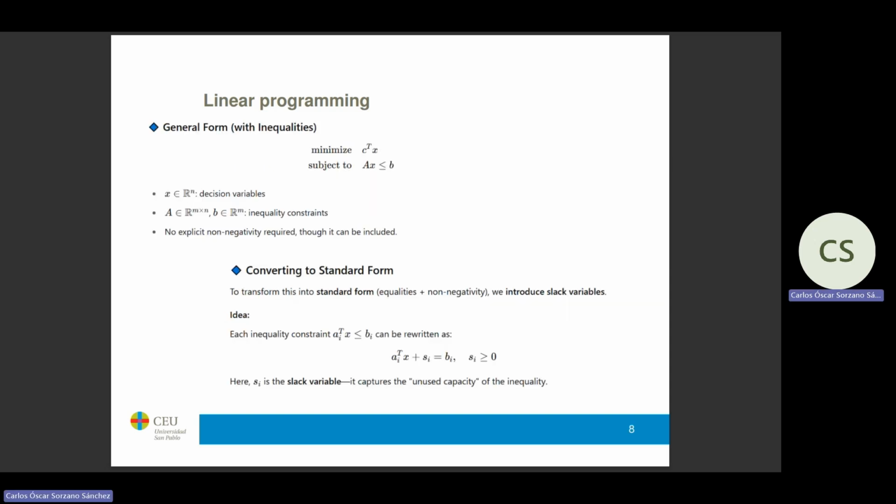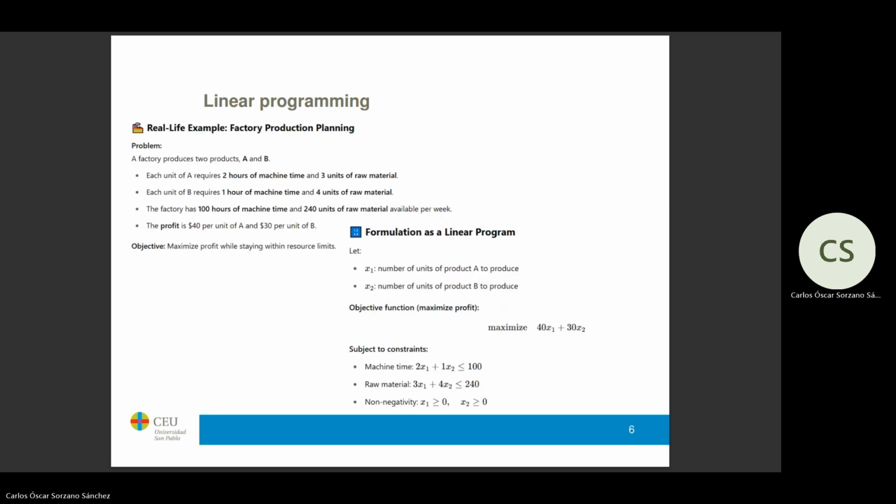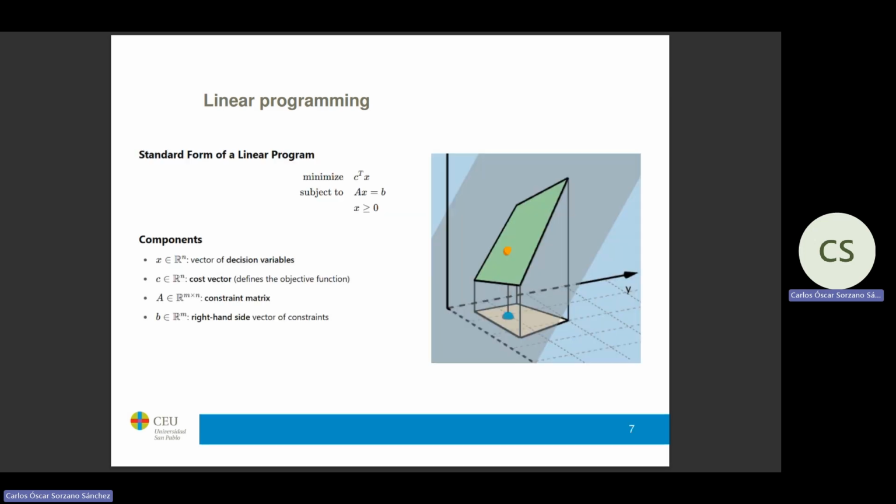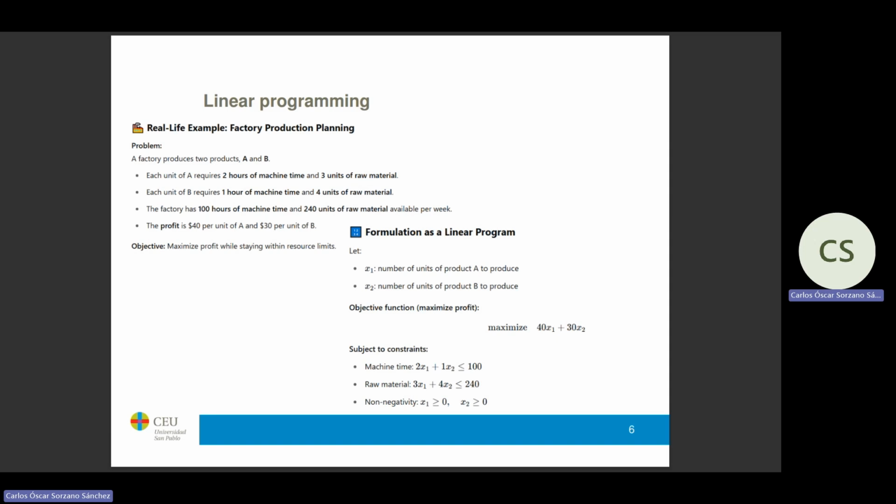Then, how to convert this kind of inequality constraints into this standard form? For us, it is more natural to write the constraints in this way, as we did in the previous case. But we said that the general formulation is this one. This one is using equalities, this one is using inequalities.